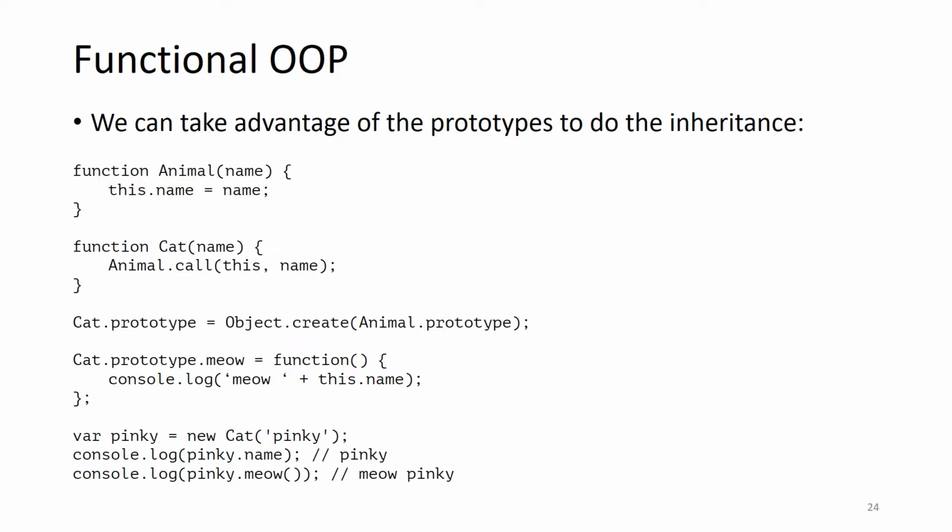So how does it work? If we now call new cat, it will create this new object, link its prototype to the cat prototype, which is already defined, which has a prototype, animal prototype. And later in this function, it also calls the function animal on this, and this function is called with proper this, and it takes the name.